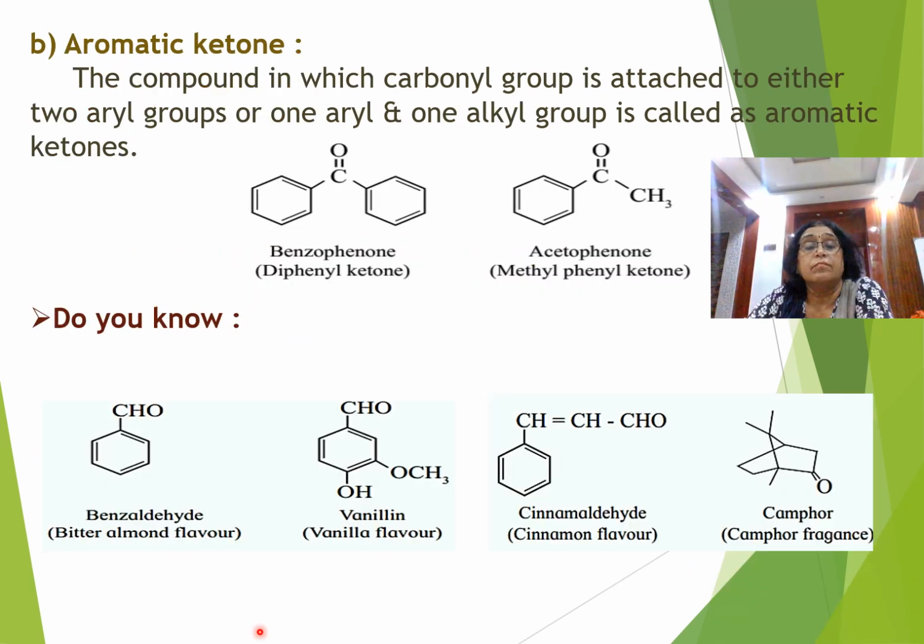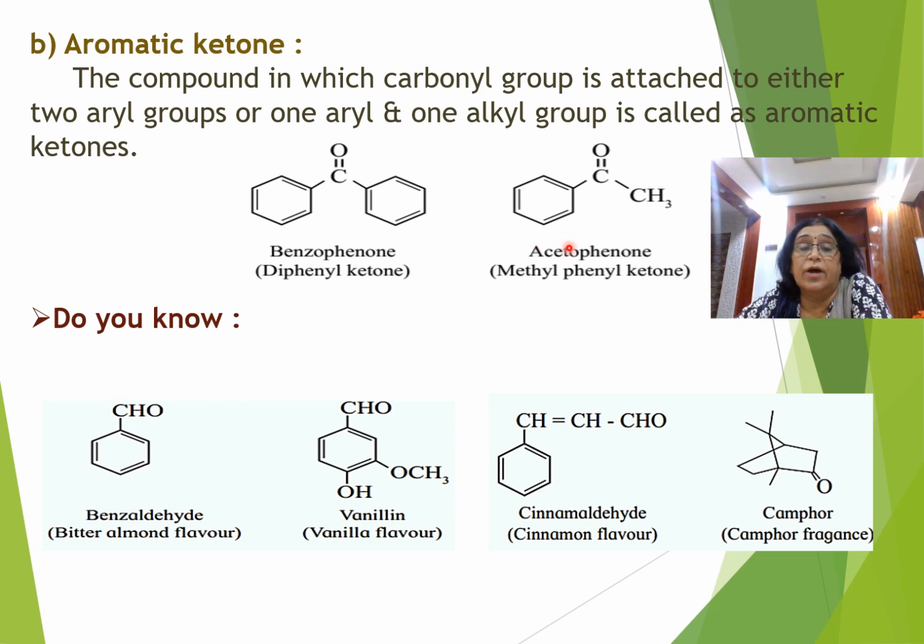Then aromatic ketones are the ketones in which the CO group is attached to two aryl groups, two benzene rings. Then it is called benzophenone. An example is diphenyl ketone. And here you see in acetophenone, on one side you have an alkyl group and on the other side of the carbonyl carbon you have a benzene ring.